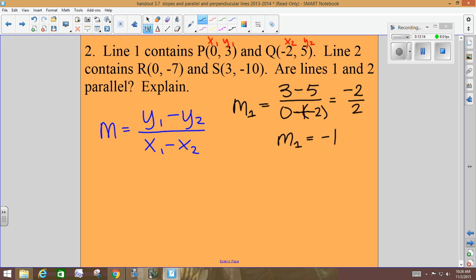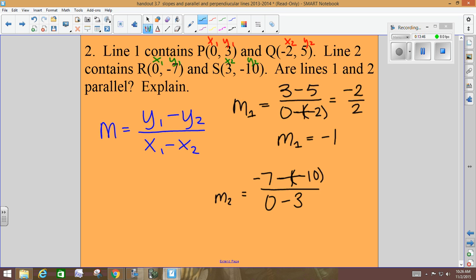Then I have to do the same thing for line 2, which has R and S. So I'm going to relabel this X1, Y1 for point R, and X2, Y2 for point S. And then I'm going to find the slope of line 2. Y1, negative 7, minus Y2, negative 10, all over X1, 0, minus X2, 3. Negative 7 minus negative 10 becomes plus.